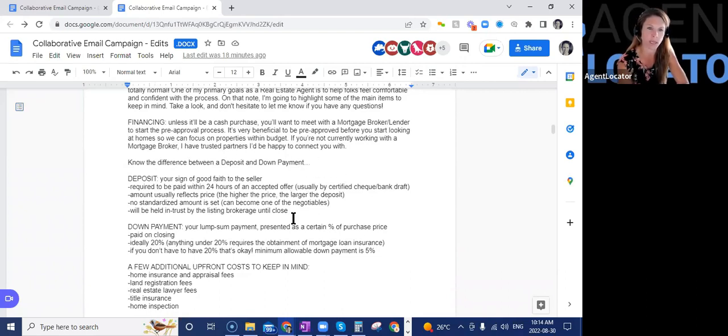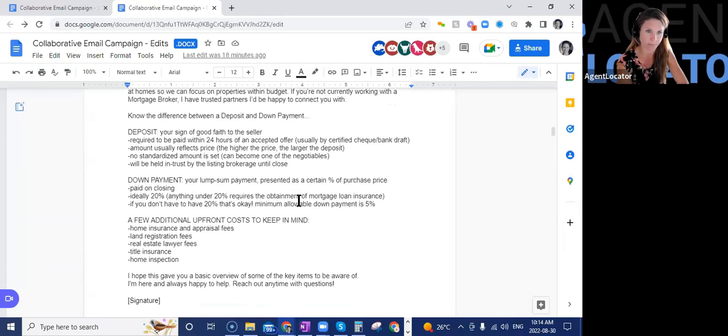Know the difference between a deposit and a down payment. A deposit is your sign of good faith to the seller, required to be paid within 24 hours of an accepted offer, usually by certified check or bank draft. The amount usually reflects the price. The higher the price, the larger the deposit. No standardized amount is set. It can become one of the negotiables.